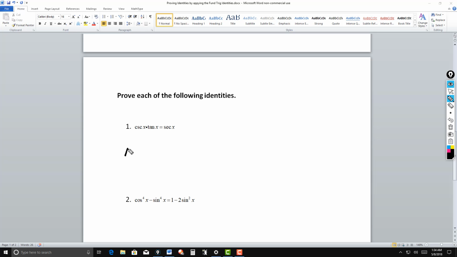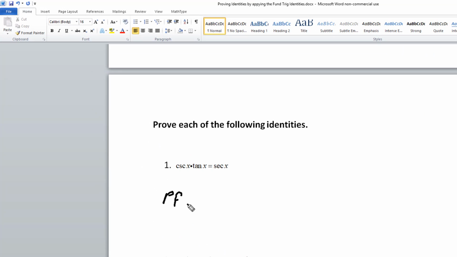Okay, so for the proof, I want to verify that cosecant of x times tangent of x is equal to secant of x. In this case, I'm going to start with the left side. Generally, there are exceptions, but you want to start with the more complex side and show how you get the simpler side.